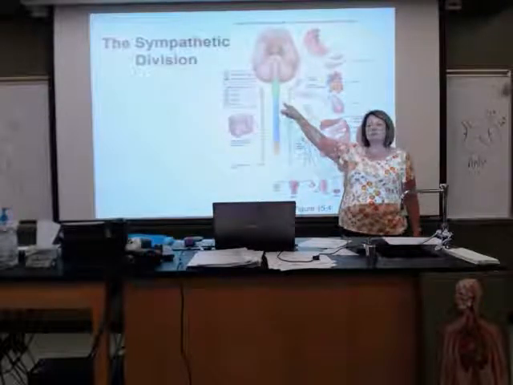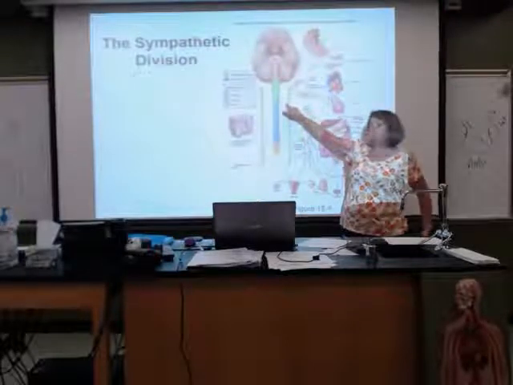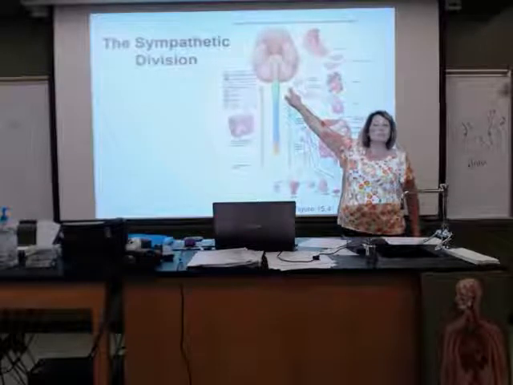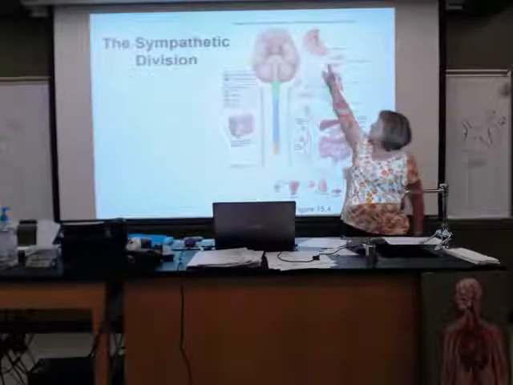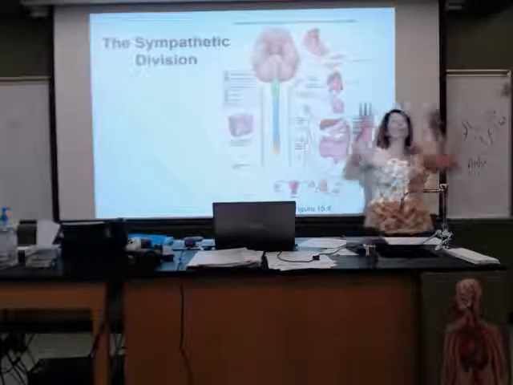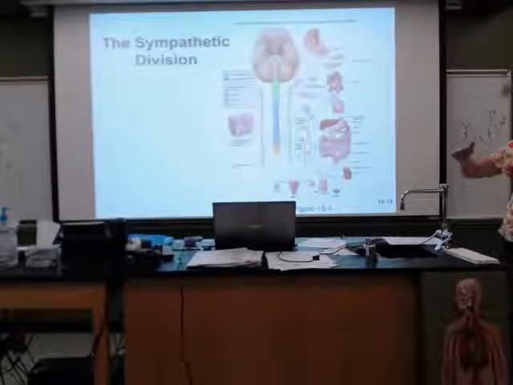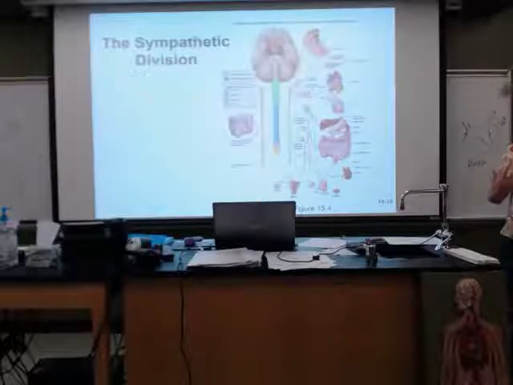Watch what happens for my thoracic and up. Green comes to the chain. Now the synapse occurs in the chain, and those fibers go to areas: chest, rib cage, and up. So I had to travel out and up to these areas in the upper portion of the body.